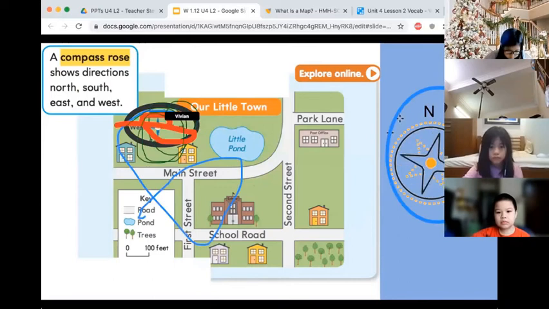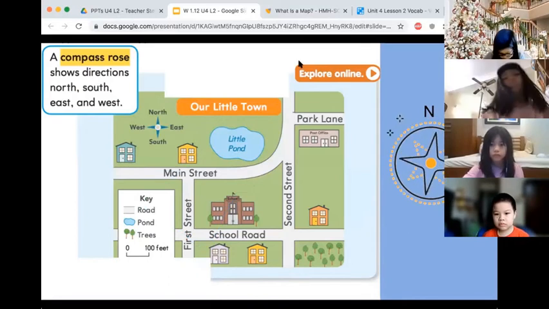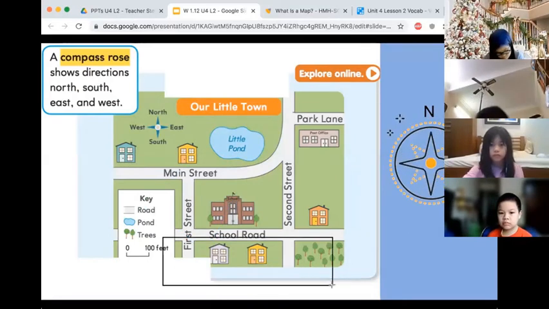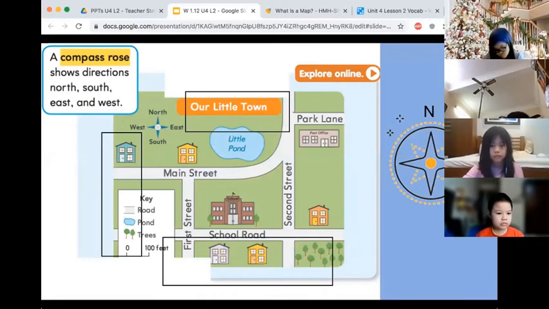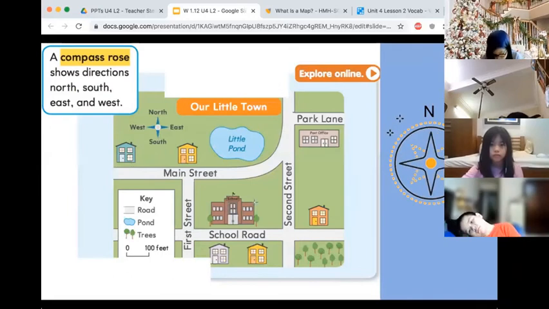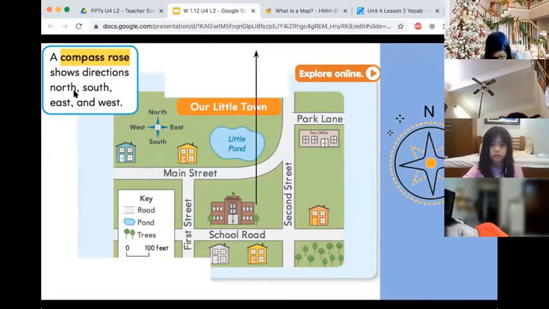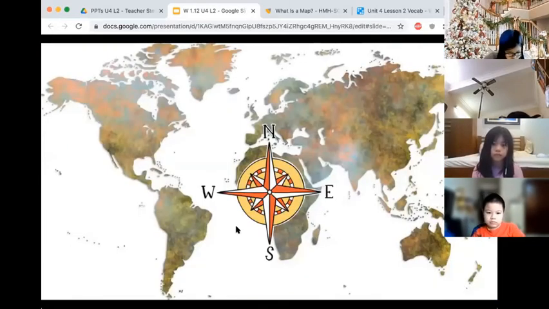A compass rose shows direction north, south, east, and west. Excellent. Without that, I don't know. Is this the top of the map? I don't know which way is north, which way is pointing to the top of the earth, unless I have a compass rose. So for example, we all know, right?